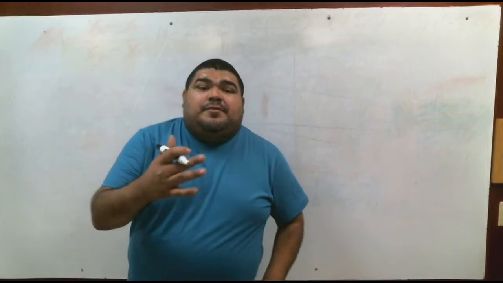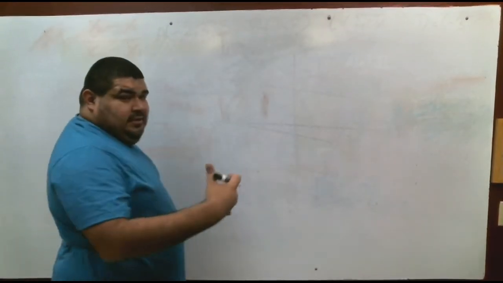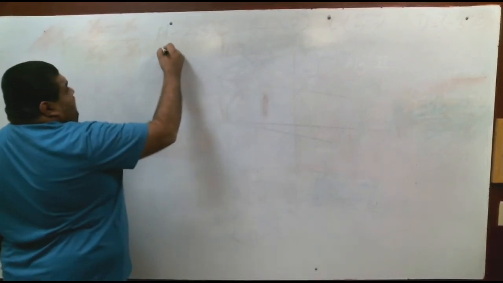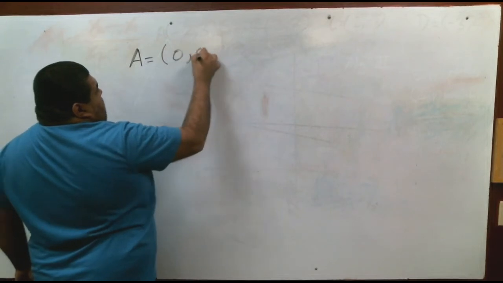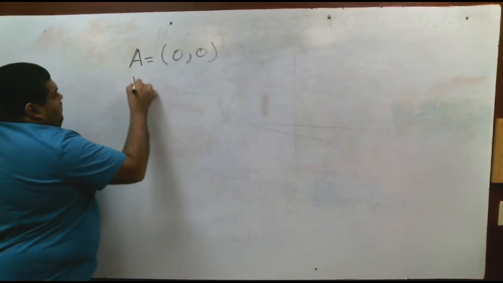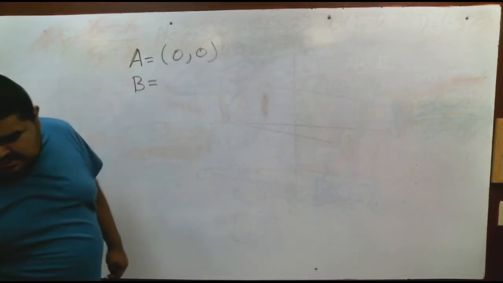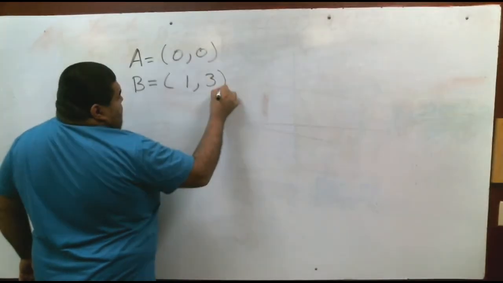All right, guys, so your assignment for today is, we have a few coordinates again, obviously. Again, coordinates, we have A is at 0, 0. Okay. We have B is at 1, 3.